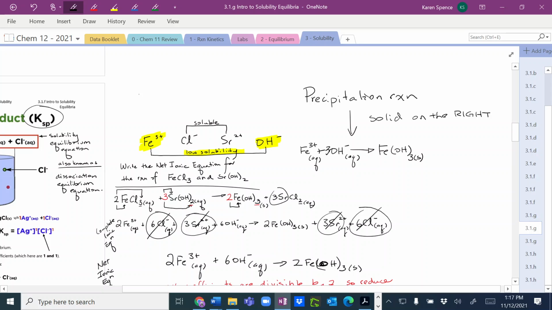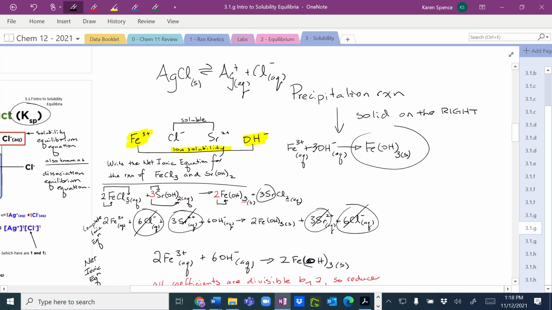I'm going to rewrite the other one over here because that makes it easier to see. What else is different between this one and this one, other than the fact that they're different compounds, obviously?